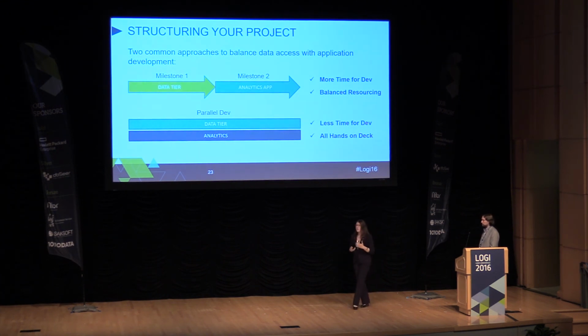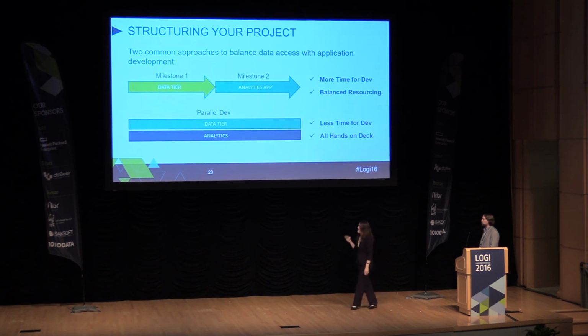If you have more time to develop, and you also have perhaps constrained resources, you can only get your data experts in at certain times and your development experts in at other times, then in that case, you might want to go for a milestone-based approach, where in phase one, you deliver your data tier. In the next phase, you deliver your application.